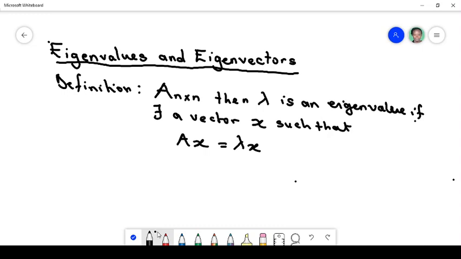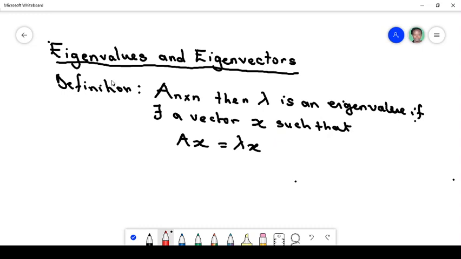What do I mean by that? We are saying if I have a matrix A, for each matrix there is an eigenvalue and a vector x, which is called the eigenvector.